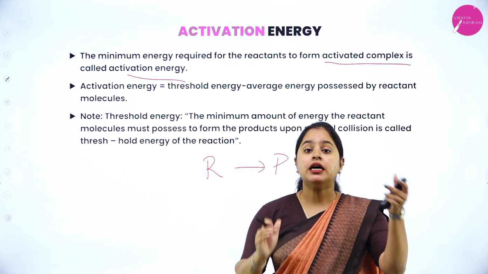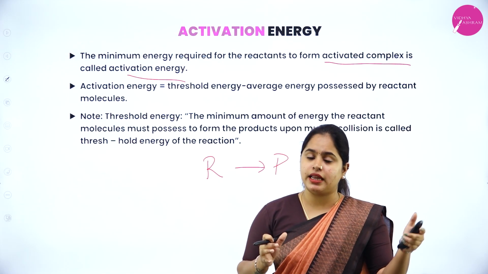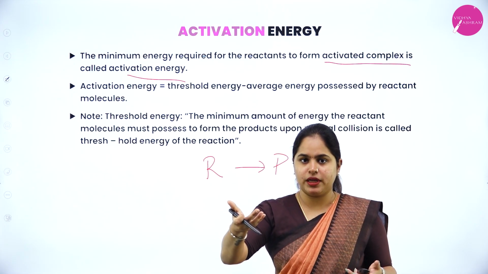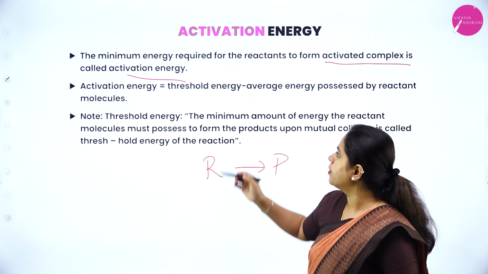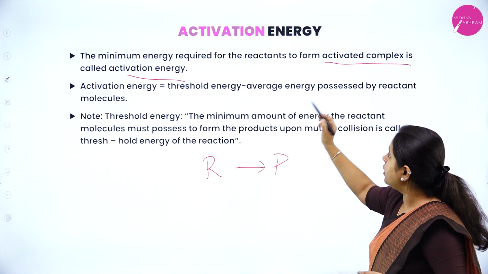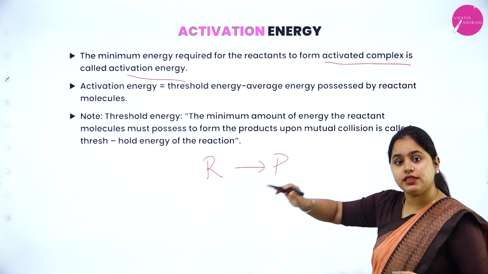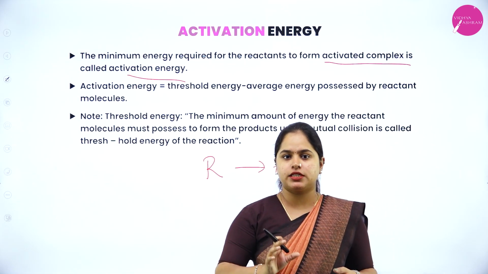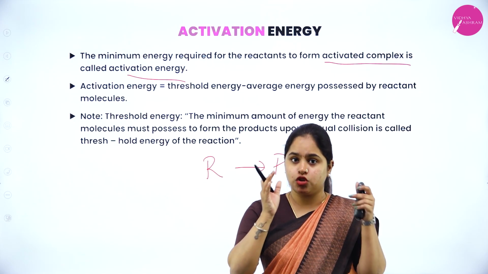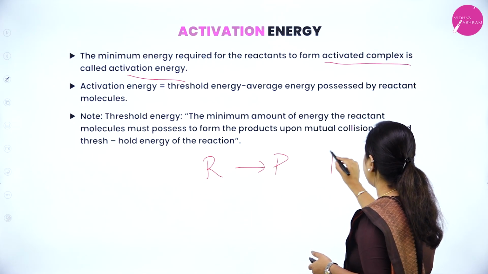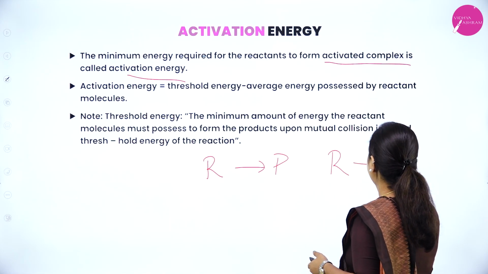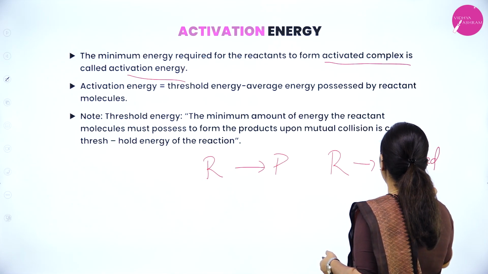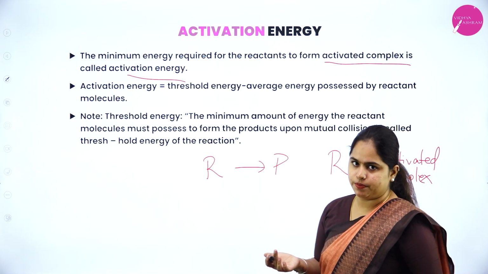The energy required by the reactants to collide with each other and form the activated complex is called the activation energy. So the minimum energy required for the reactants to form the activated complex is called activation energy. Once this activated complex is formed, the product will form further.